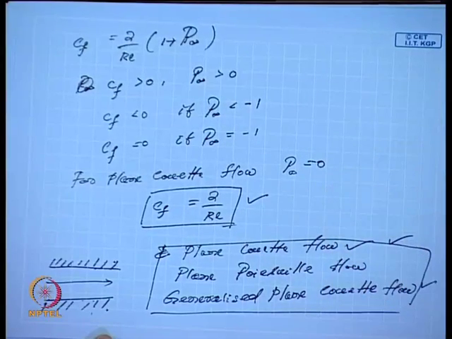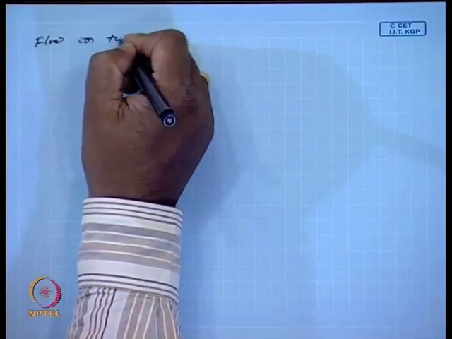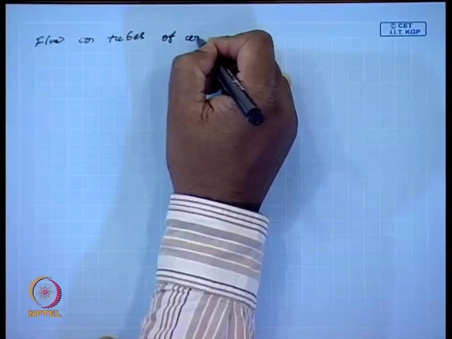And next, with these simple 3 cases, the next problem we will discuss is the flow in tubes of uniform cross section.